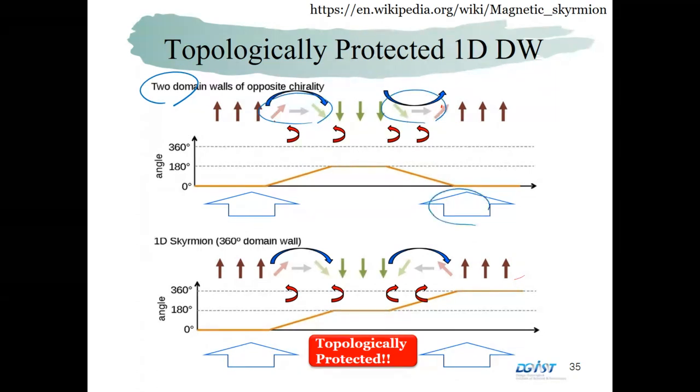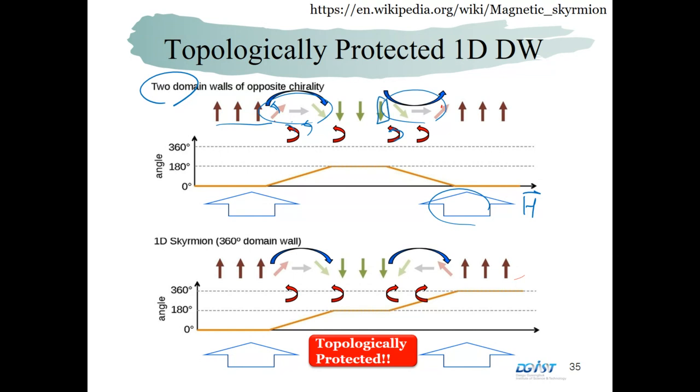When we apply the external field, this domain wall is moving this way and this one is moving this way. So that means this domain is extended easily, and this domain can be shrunk down with this external magnetic field.